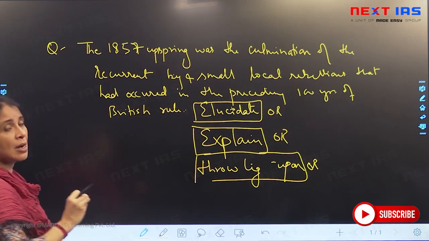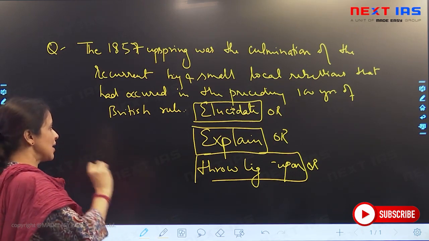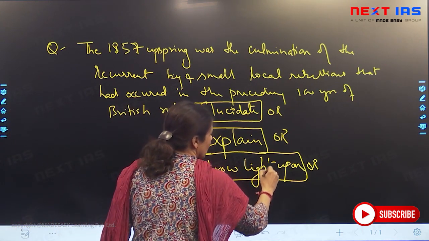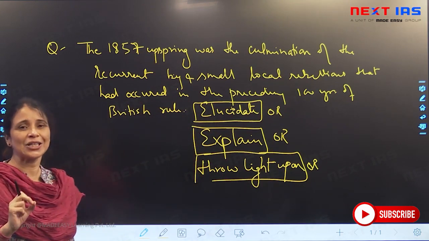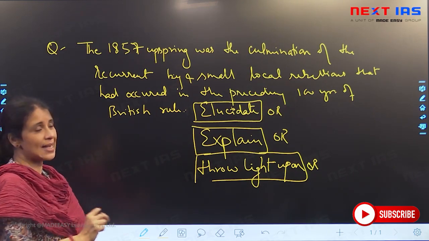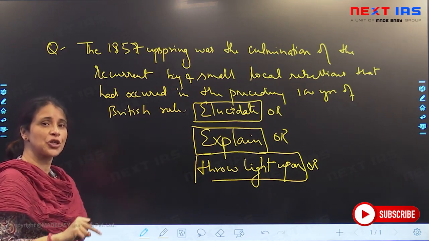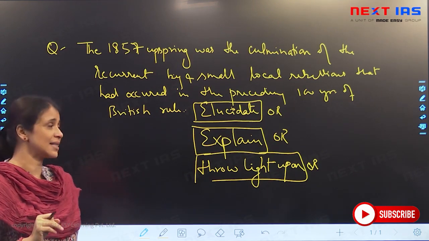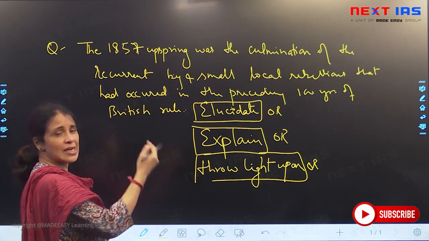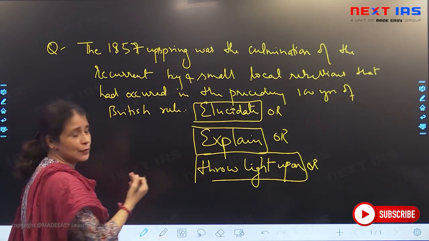So it is a similar kind of thing, and when we have these kind of tail words, elucidate, explain, throw light upon, in these kind of things we need to make the person understand your concept or understand what is written there. You have to make sure that the other person is clearly understanding it, and to make the other person understand it, we can use examples, we can use diagrams, we can use flow charts.